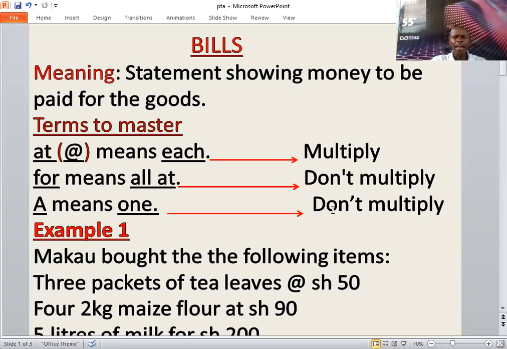That one also, Lana, we don't multiply. Why? Because a means 1 tin was bought. So we don't multiply. That means we shall use 200.